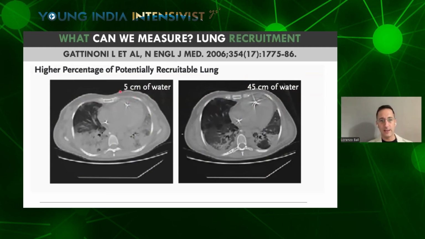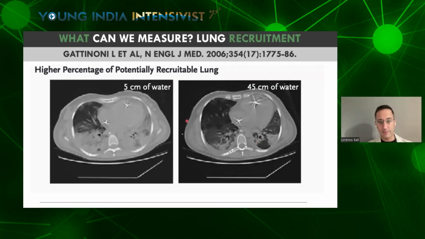In this study, they did a CT scan applying a constant pressure of 5 or 45 centimeters of water, and this patient has a very heterogeneous and patchy pattern of ARDS, which, if we apply high pressure, results in huge recruitment of the lungs bilaterally.